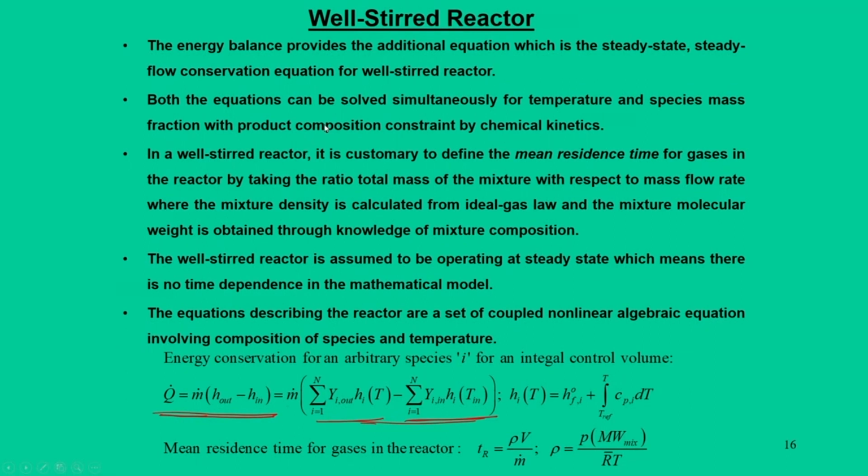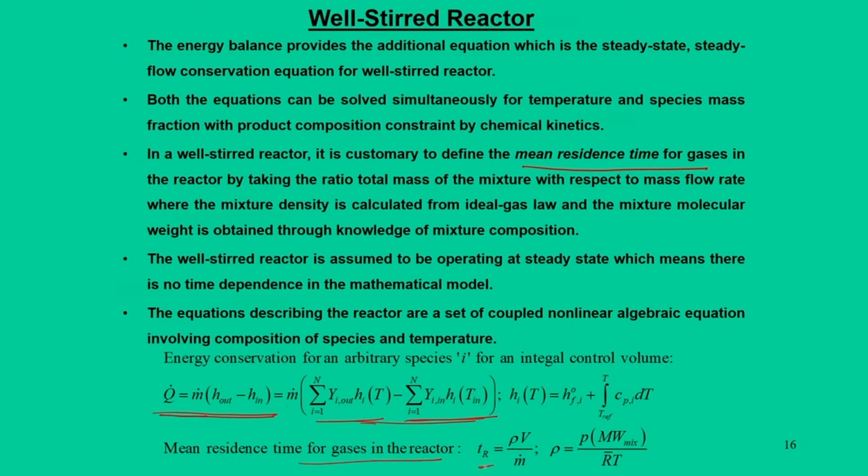Another important term normally defined in a well-stirred reactor is the mean residence time of the gases. As the reaction proceeds, the gases need some residence time for subsequent reactions to occur. That is called the mean residence time of the gases in the reactor.